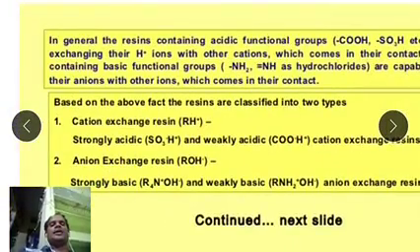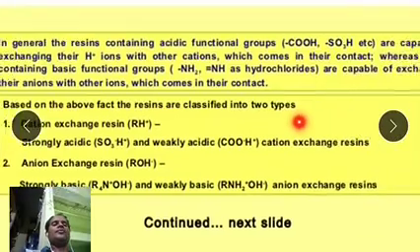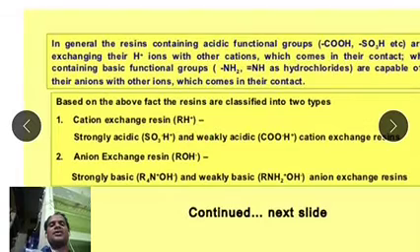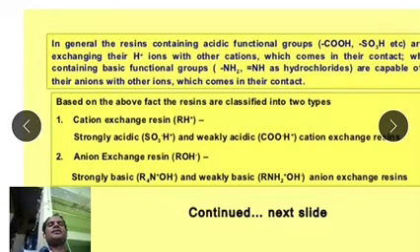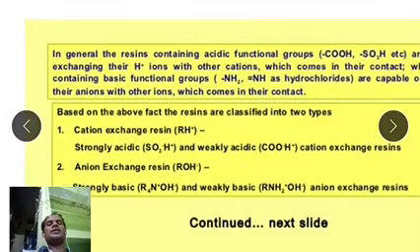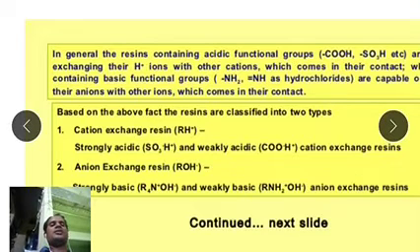Those containing basic functional groups like amine or amide, as hydrochlorides, are capable of exchanging their anions with other ions which come in contact. Simply, acidic functional groups exchange hydrogen ions, and basic functional groups exchange hydroxyl ions, that is OH minus ions.